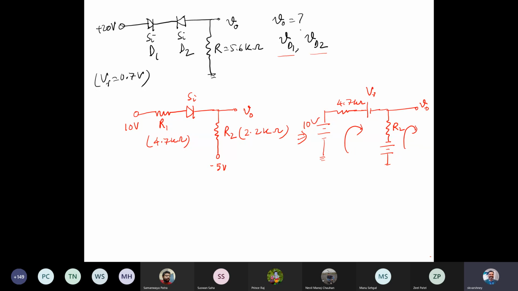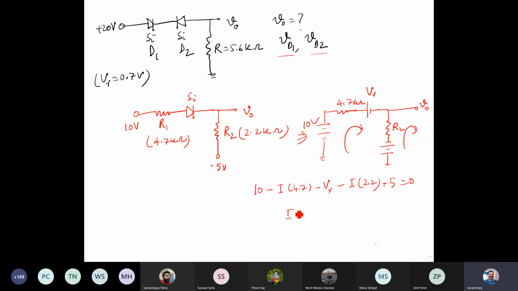Taking this direction, it is 10 minus I times 4.7 kilo ohm, minus V gamma, the voltage drop, minus I times R2, which is 2.2 kilo ohm, plus 5 equals 0.